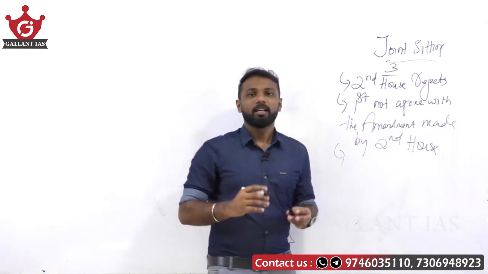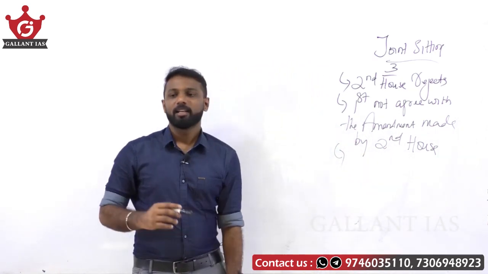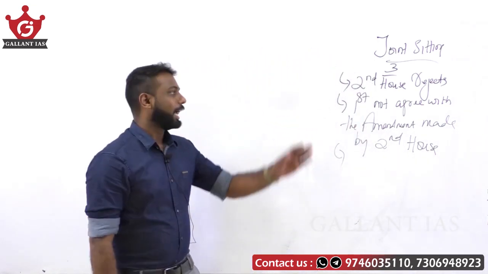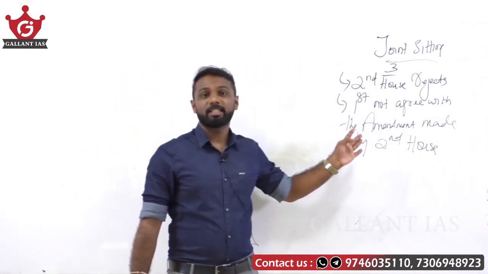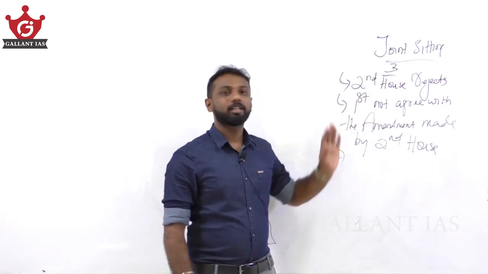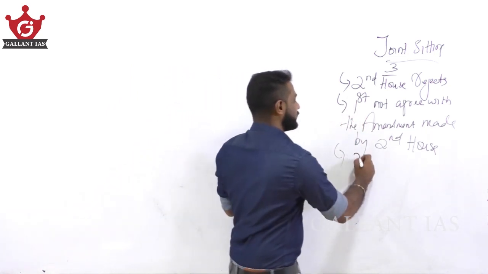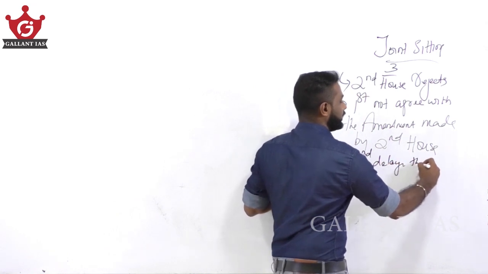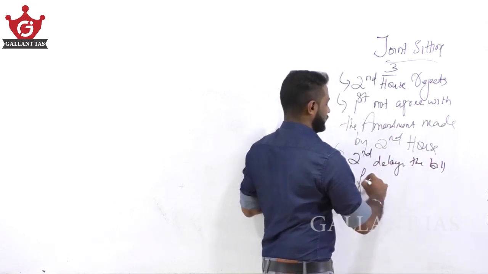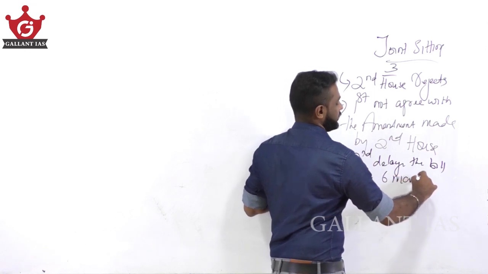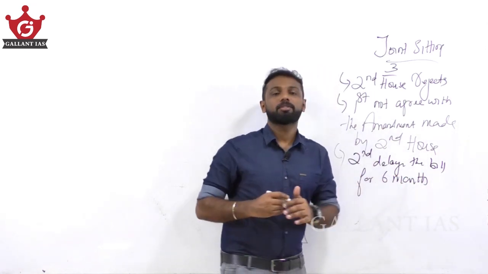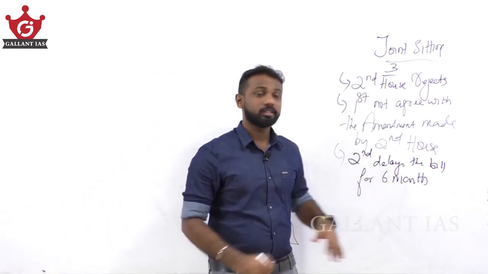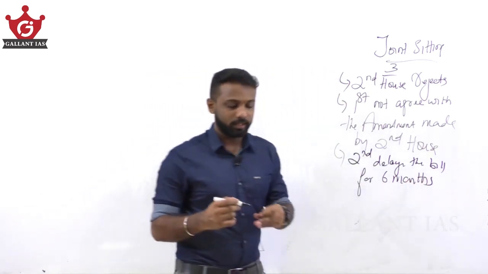That is, the first house passes the bill, the second house also passes the bill but makes some amendments to it, and those amendments are not acceptable to the first house. Then also a deadlock arises. Third, the second house delays the bill for 6 months. Within 6 months, the second house has to give a reply. So if the second house delays the bill for a period of 6 months, then also a deadlock arises.